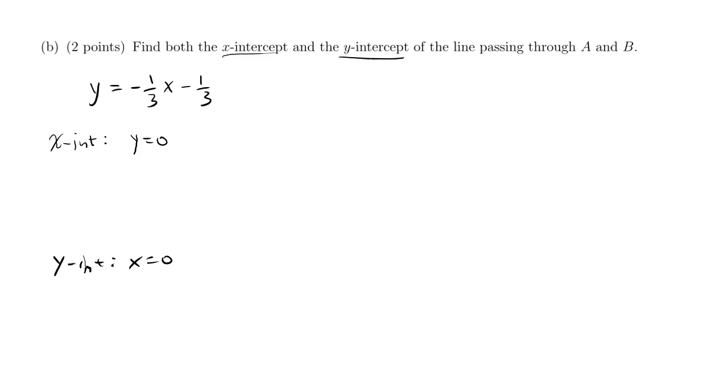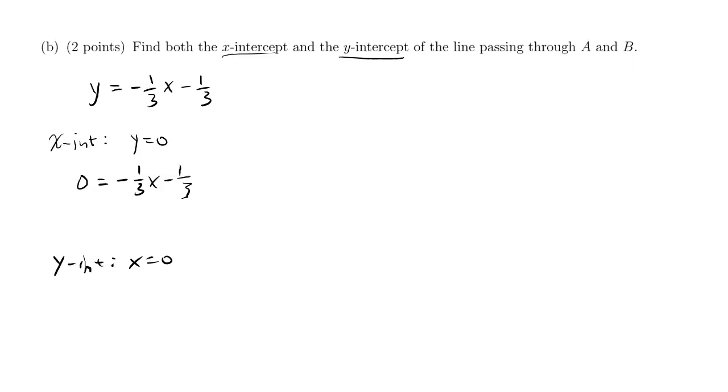So let's set y equal to 0. And if you have a fraction in an equation, you should try to get rid of the denominators by multiplying something. And there are other ways to solve this, but that's the easiest. So try to follow this principle.